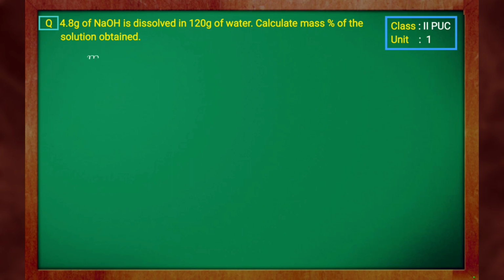We have mass of sodium hydroxide, that is the solute, which is equal to 4.8 grams. Also it's given mass of water, which is the solvent, 120 grams. We should find the mass percentage of the solution that is obtained.